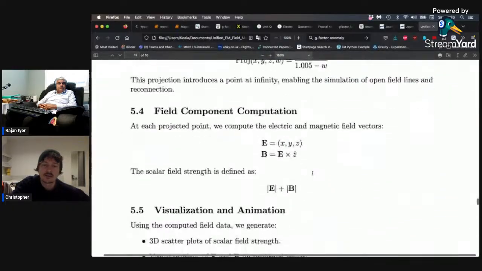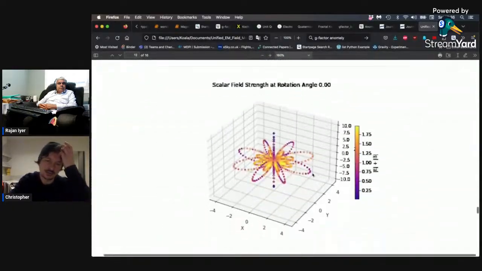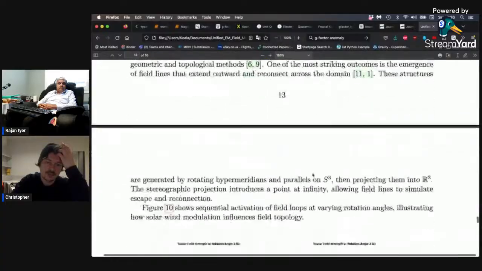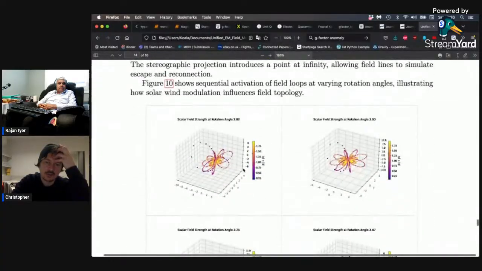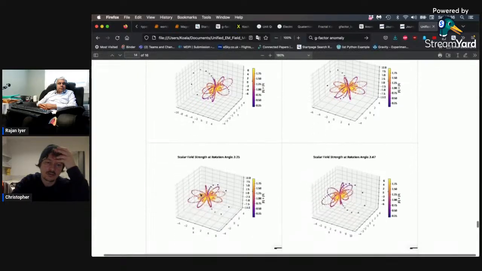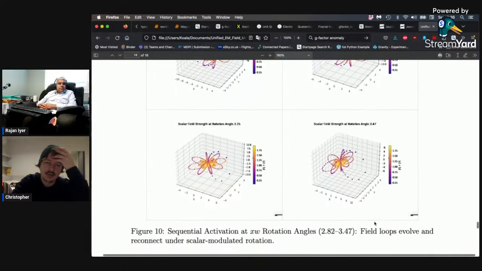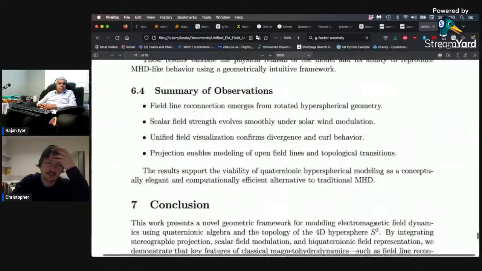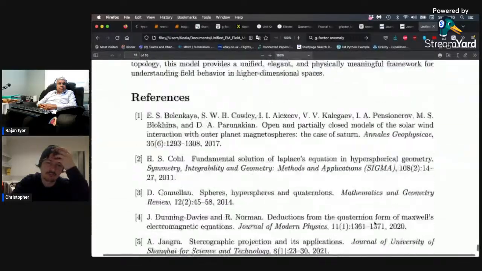And then the final thing we can model is this idea of the solar wind whipping one of the field lines over the top of the geomagnetic field so that it reconnects on the other side. Now, that's still a work in progress. This was just meant to be a sketch idea.